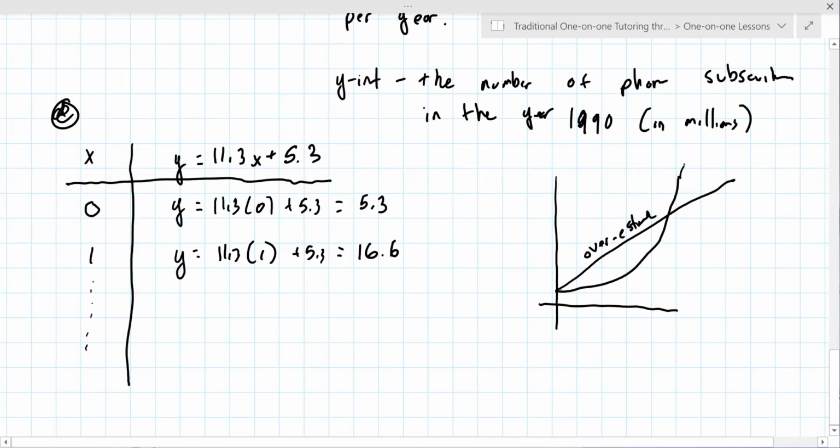And then in this region right here, the straight line underestimates the actual values. And I think your instructor might appreciate those words if you were asked them. But you want to be very clear that the line is above it, and then the line is below it.